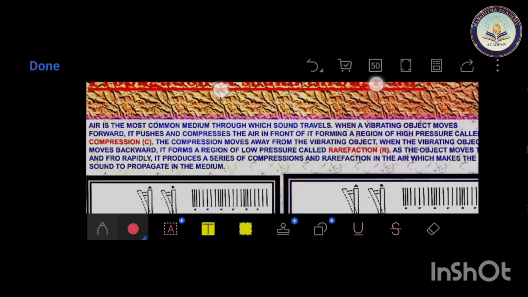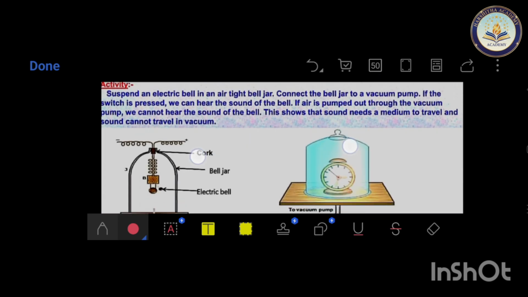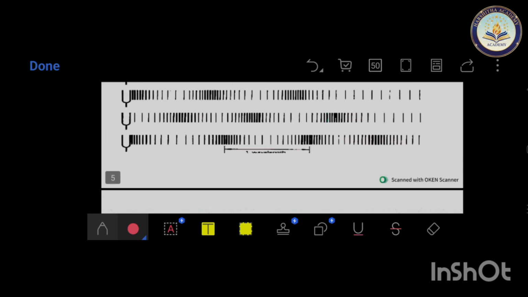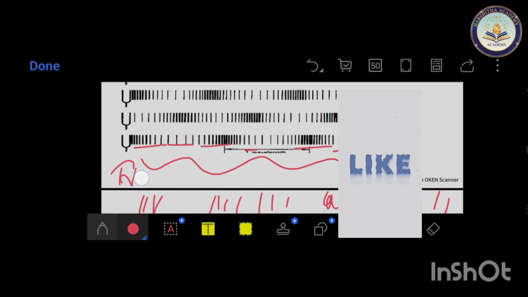Here we have two topics, guys. Sound travels in two ways: compressions and rarefactions.